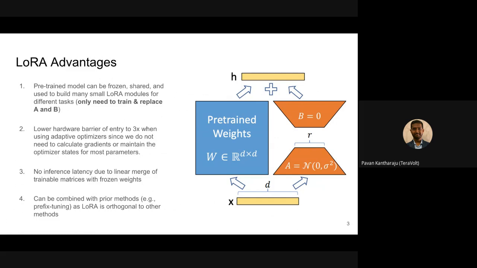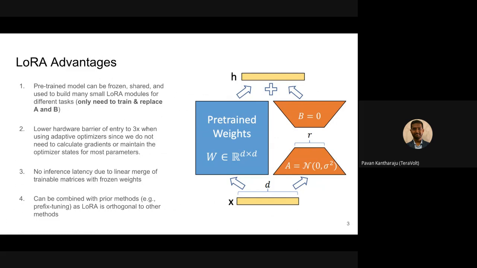The advantages of this are that, again, the pre-trained weights can be frozen, and the only thing you have to do is train A and B. And again, A and B are really small, so you can train a bunch of them for different tasks. And if you want to swap tasks, all you have to do is swap A and B out, and you don't have to touch any of the pre-trained weights there.